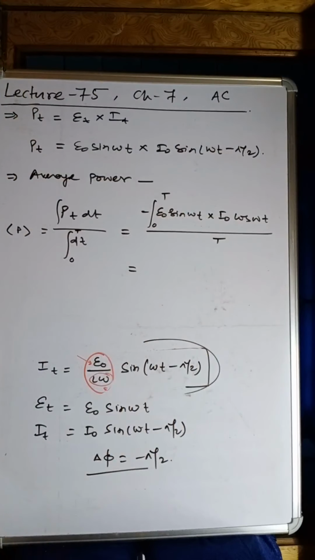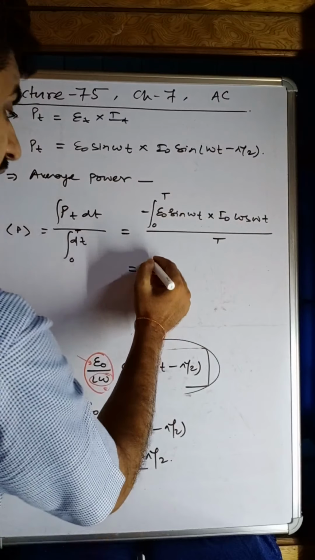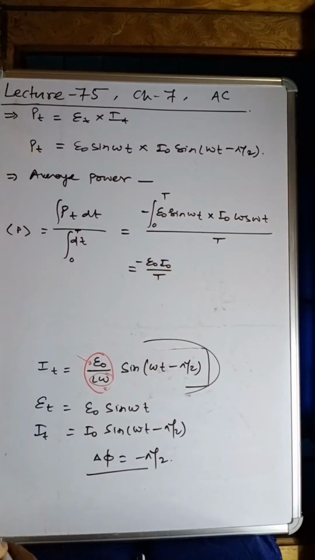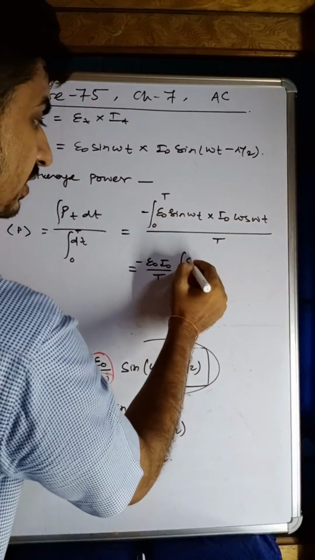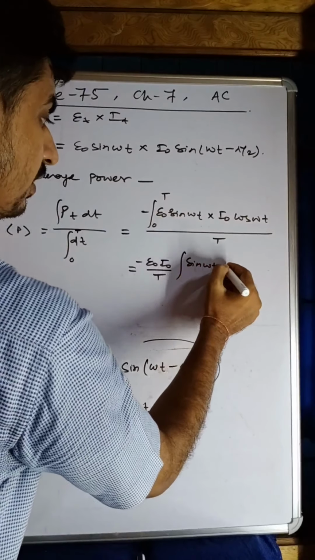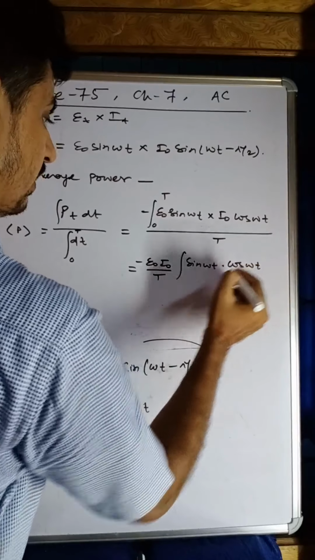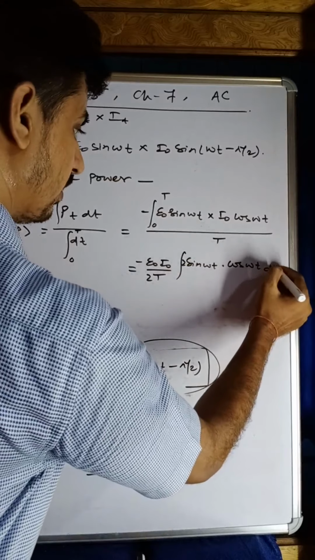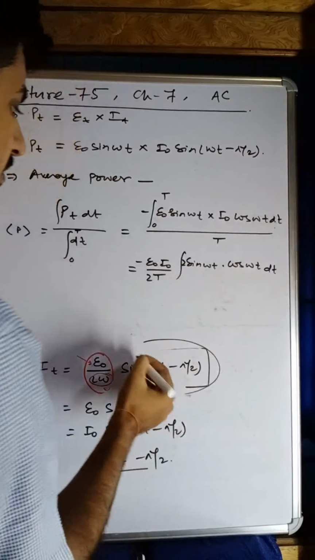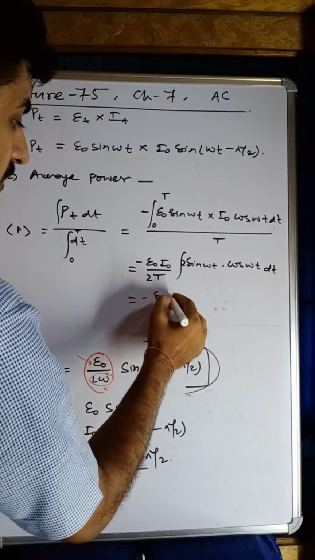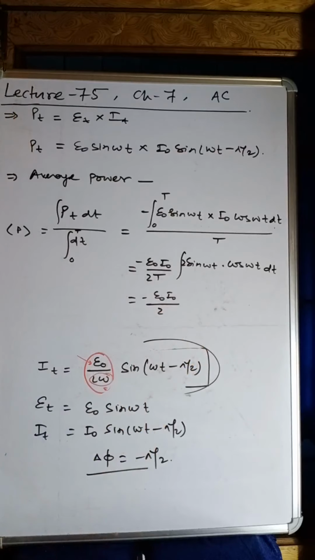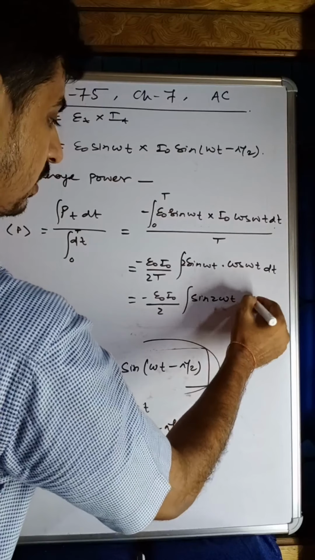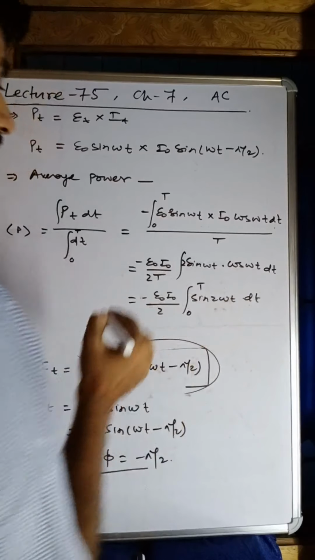Now look here. To integrate this, E naught I naught is constant, and we have sin omega t into cos omega t. My dear students, multiply and divide by 2. It will be converted, and leaving dt, we have minus E naught I naught by 2, this will be sin 2 omega t. I hope you understand.